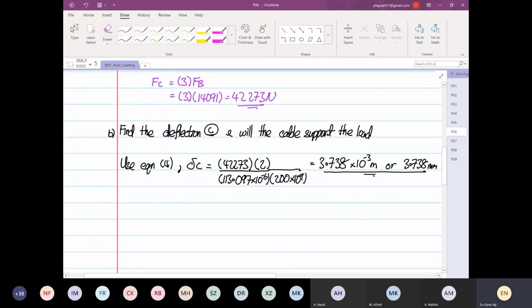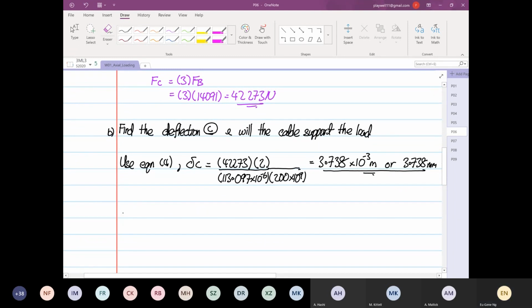And then you want to calculate the stresses of the cable at point C. So it's equal to 42273. So for this one, the formula I use is stress is equal to FC divided by area of the cable.